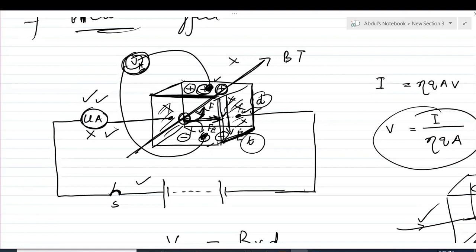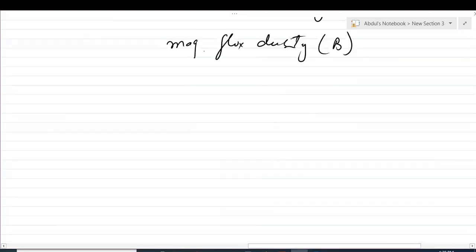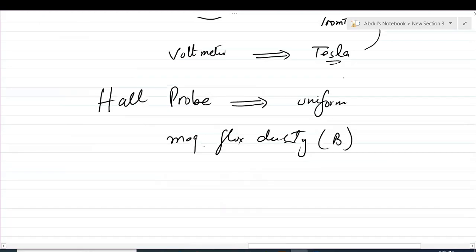Similarly, in a thermocouple thermometer, the voltmeter was calibrated into degrees Celsius. In a car speedometer, the voltmeter is calibrated into kilometers per hour. So this voltmeter is calibrated into Tesla, so it is converted into the Hall probe, which is used to measure only uniform magnetic field.